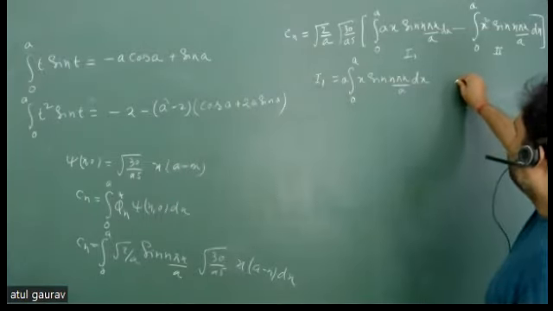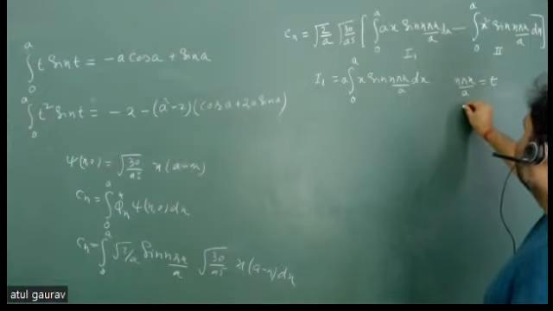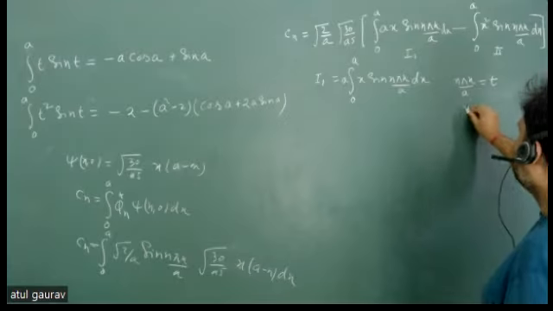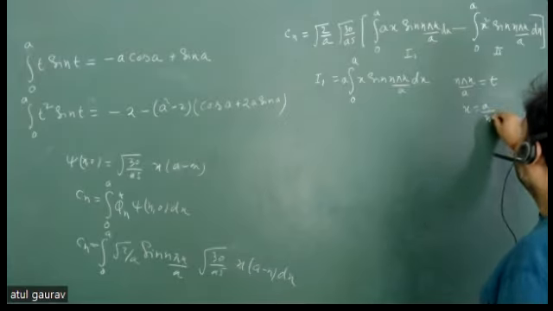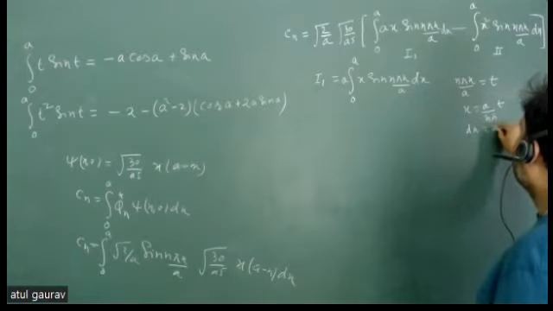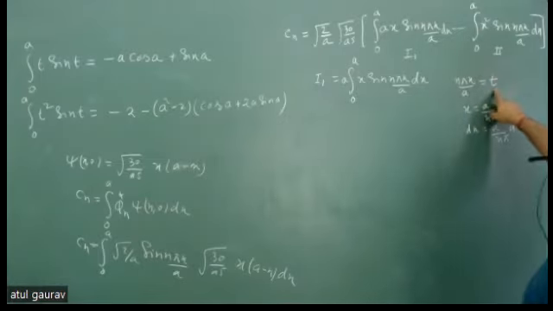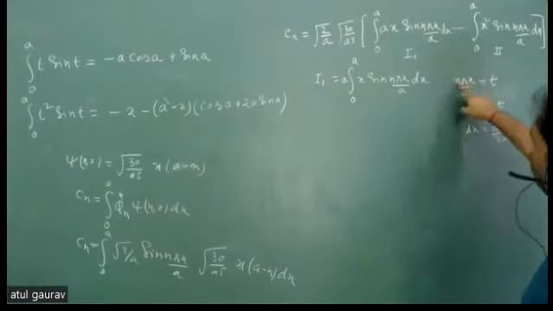I will put n pi x upon a equal to t, and then x is equal to a upon n pi t, and dx is equal to a upon n pi dt. If x is equal to 0, t is equal to 0. If x is equal to a, t is equal to n pi.